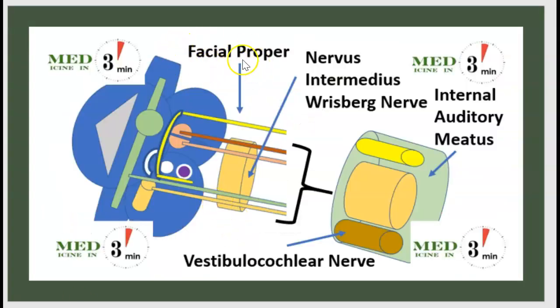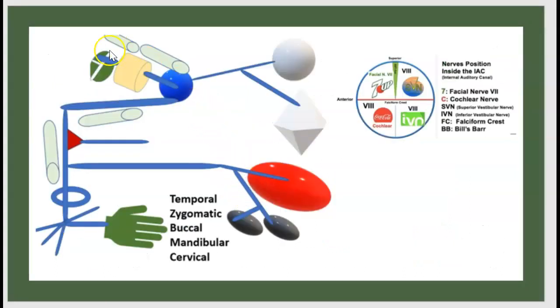Another view to illustrate the facial proper, the nervus intermedius or nerve of Wrisberg. Both of them go to the internal auditory meatus with the vestibulocochlear nerve. This picture is to understand the anatomy of the internal auditory meatus.